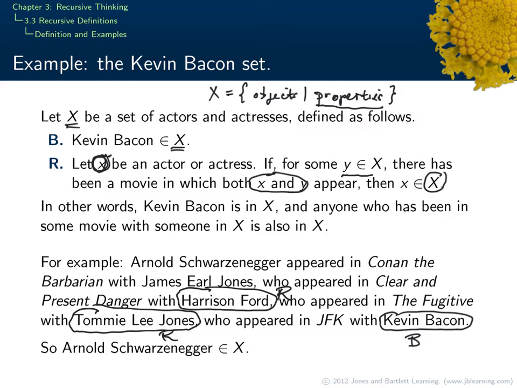Similarly, we can use the recursion step to show that James Earl Jones is a member of X. And then finally here at the top, Arnold Schwarzenegger can be shown to be a member of X using the recursion applied to James Earl Jones. And so we can assert then that Arnold Schwarzenegger is a member of this set X.